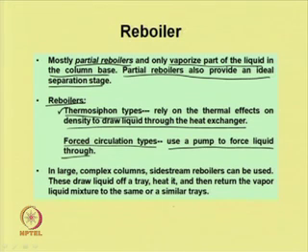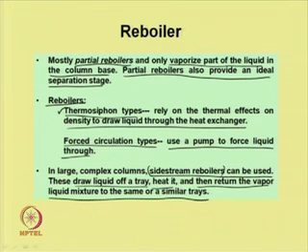In large complex columns, side stream reboilers can be used. These draw liquid off a tray, heat it, and then return the vapor-liquid mixture to the same or a similar tray. This is known as the side stream reboiler.